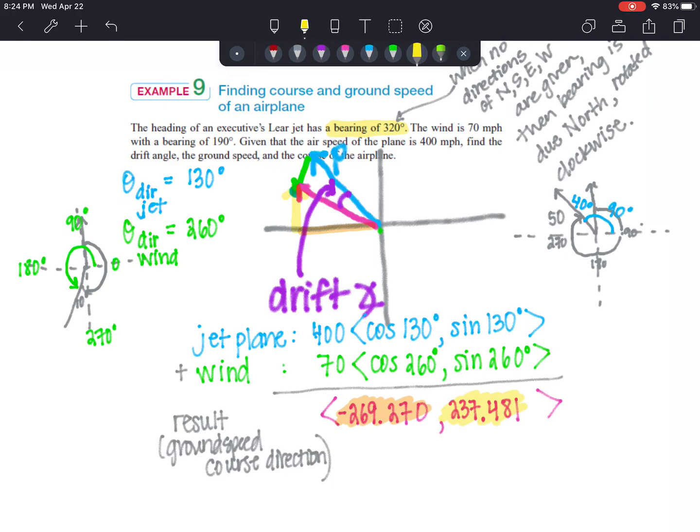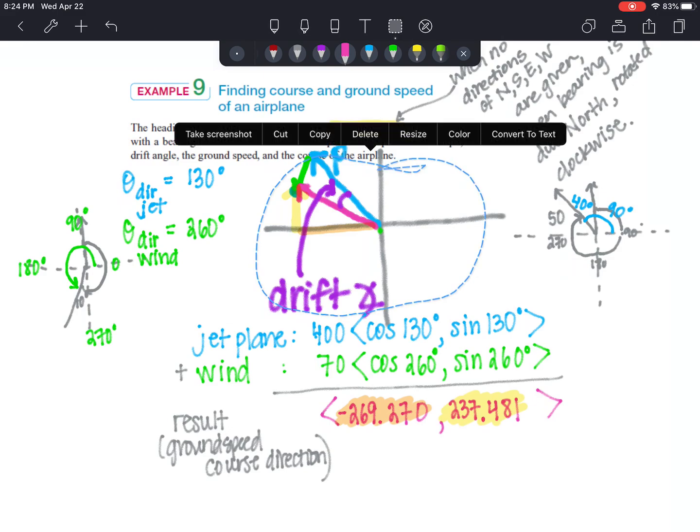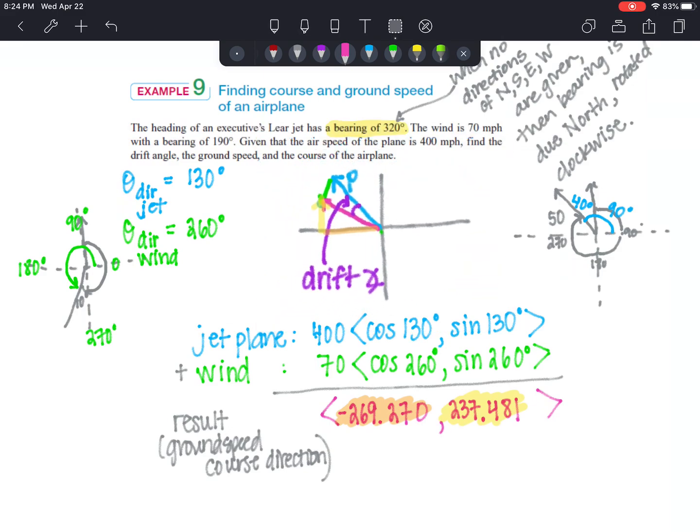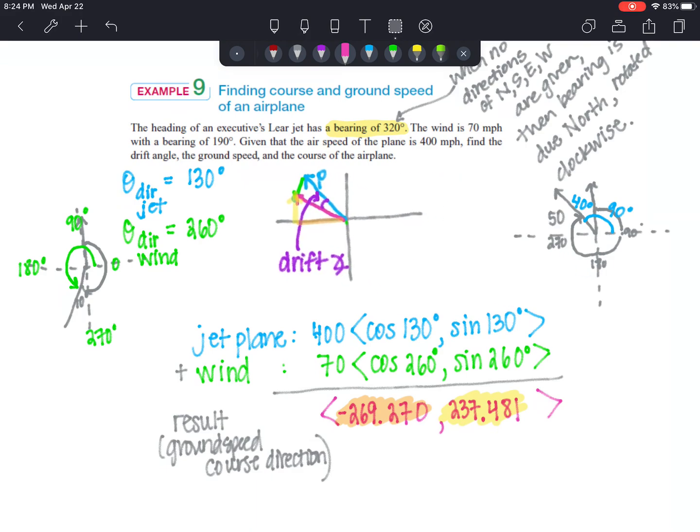So that angle, that vector rather, is going to be definitely closer to the x-axis. Just make that a little bit smaller there. And there we go.